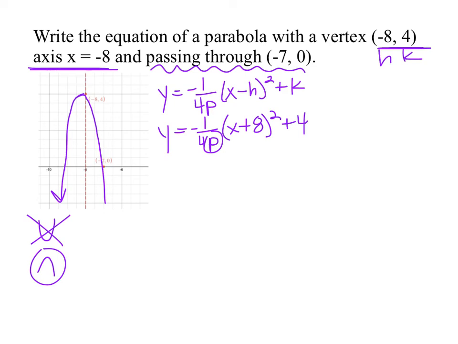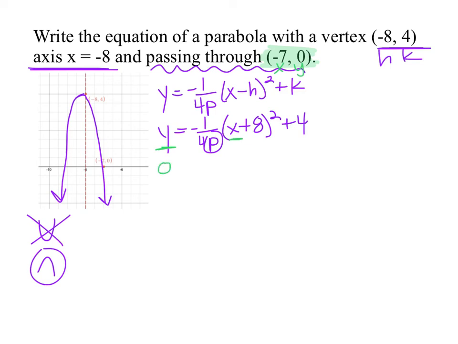Now it would be nice if they gave us the equation of the directrix or the point of the focus, because then we could just count and see how far away from the vertex that is. Unfortunately, they don't give us that. What they do give us, which is actually kind of handy, is this point, (-7, 0). So since that's our point, we're going to use that as x and y to plug in to our equation so that we can solve for p.